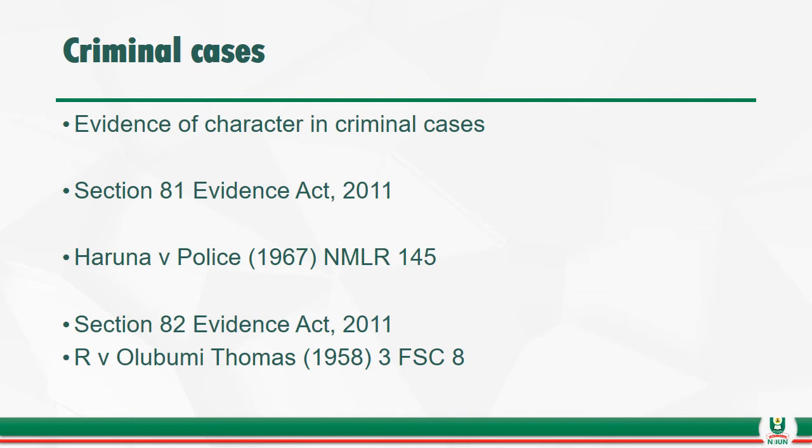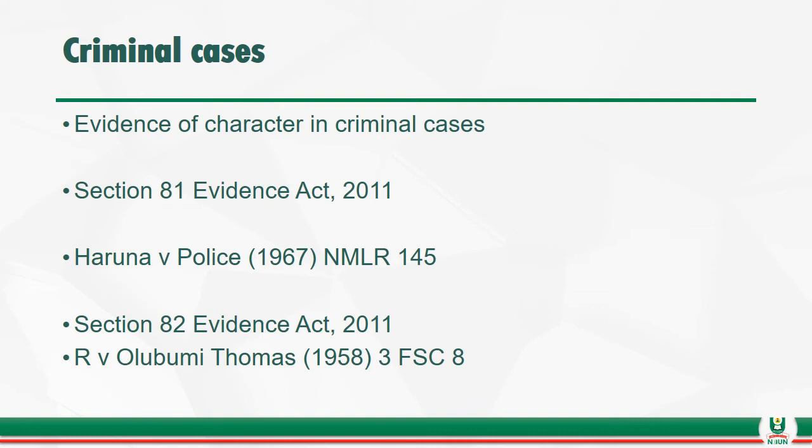The fundamental reason for excluding character evidence is that character evidence may prejudice the mind of the court against the accused person, rendering the court prone to the hasty conclusion that the accused person committed the instant offense.